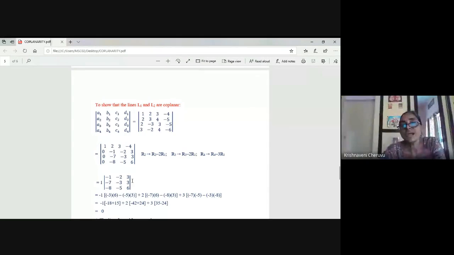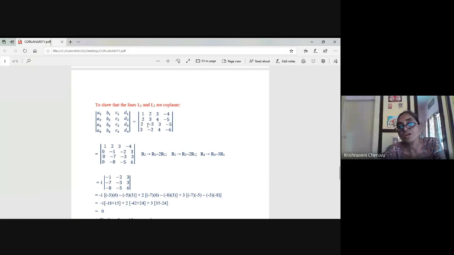Okay, so here what I did is, to make this second row first entry 0, I used the transformation R2 minus 2 R1. R2 means second row. R2 minus 2 times of R1 means from second row you have to subtract 2 times of elements of first row. Okay, so that you will get here 0.